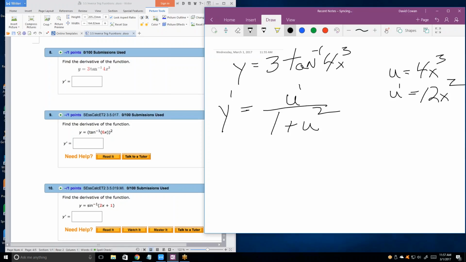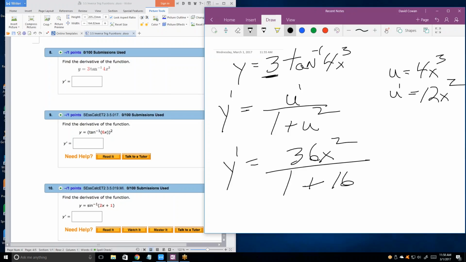So what's y prime? And this time, let's not forget that 3. It's 36x squared over 1 plus 16x to the, is it the 6 or do you add it? Well, x cubed times x cubed.